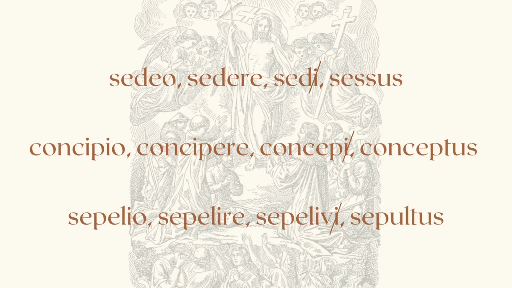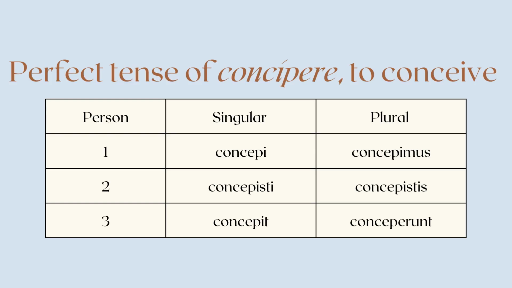For sepelire, the perfect tense stem is sepeliv. And here's a table showing how to conjugate concipere, to conceive, in the perfect tense. Concepi, concepisti, concepit, concepimus, concepistis, conceperunt.